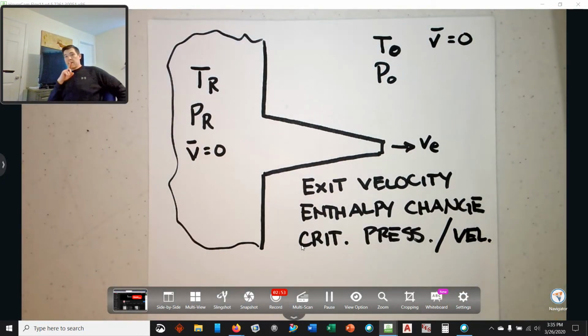Critical pressure and velocity. And ultimately, we're going to see how this relates to rocket science and look at the design of something we call the Laval nozzle, and look at how we can actually get vehicles to exceed the speed of sound. And the speed of sound happens to be this critical velocity that we're going to figure out with this gas.